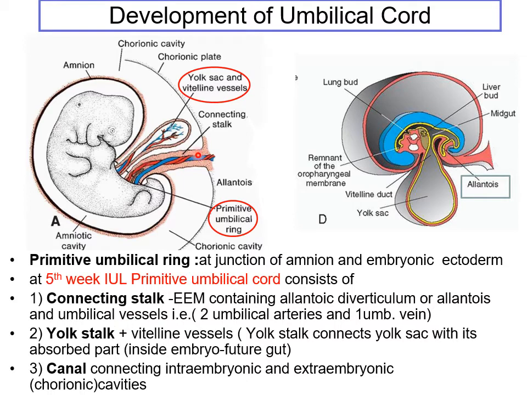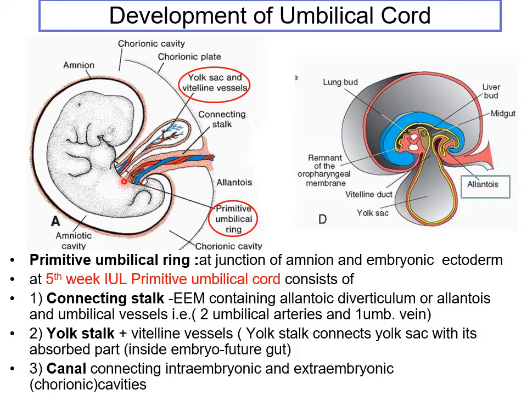Can you see these umbilical vessels? See that little diverticulum in the middle here, that little pinkish tissue, and these are the umbilical vessels that have developed. What are these umbilical vessels? There are 2 umbilical arteries and 1 umbilical vein.